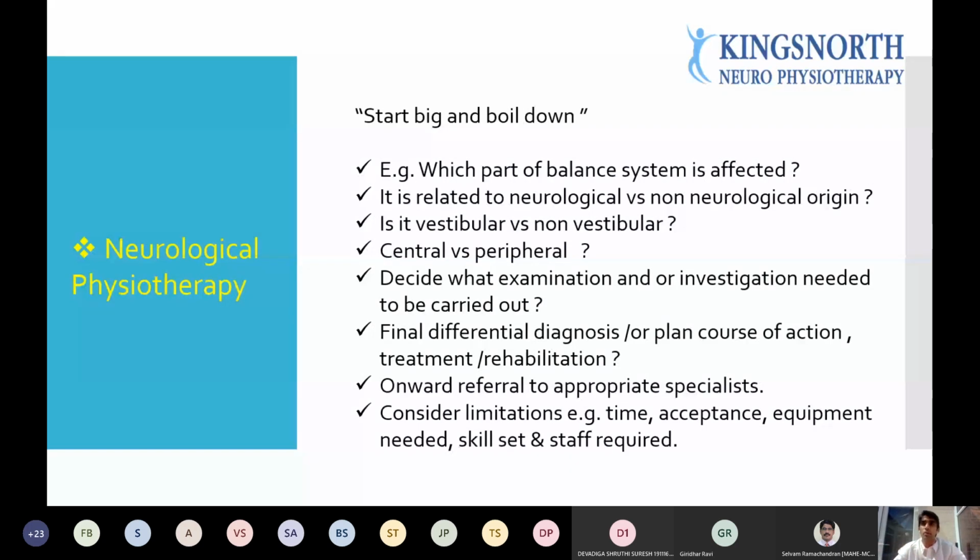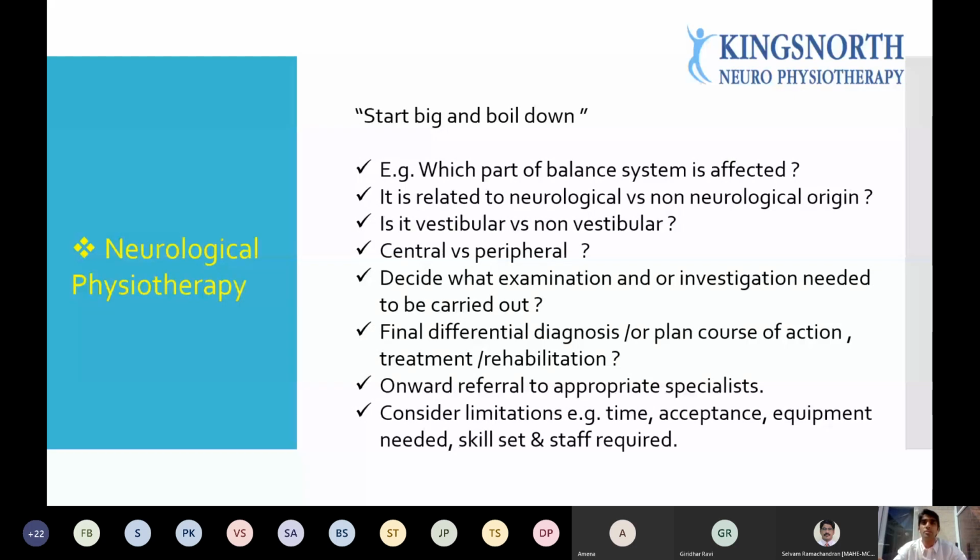But I won't go into the details now; I'll let you read. Then we go down, thinking about whether this is central or peripheral. I know some people might already think it is peripheral, and yes, it may be, but the vestibular symptoms are very overlapping, so it's good to ask yourself again and do more central tests as well.